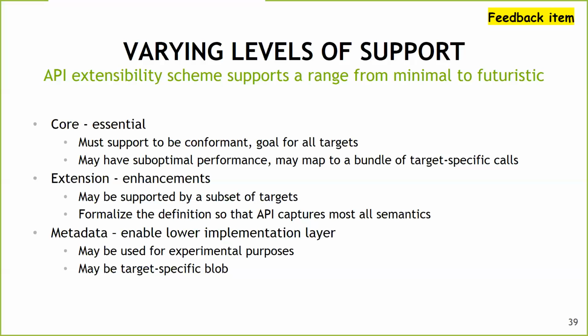We're going to have a provision for passing in extra metadata. It's like, okay, here's a generic API, and you can sort out what you really want to do underneath it by passing in some metadata. It may be a target-specific blob. One of the things with these, though, is that there can be a nice coordination between what you do at the user layer and the common layer, and those can be matched and tuned for a given implementation.